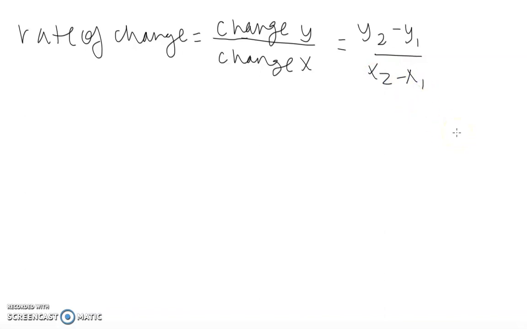The thing about this is you need to pay attention to identifying which one is y2 and which one is y1 in order to get the correct answer.